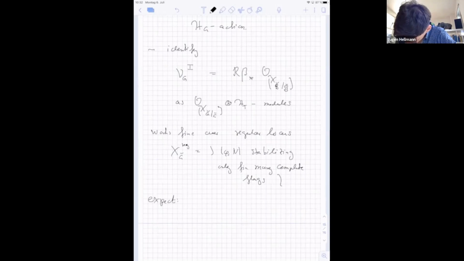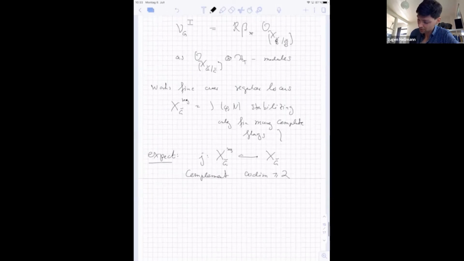And in fact I expect, and this is also what in some sense tells you why you can compute that everything is true in the case of GL2, that we have this open embedding, and the complement has codimension larger or equal to 2.